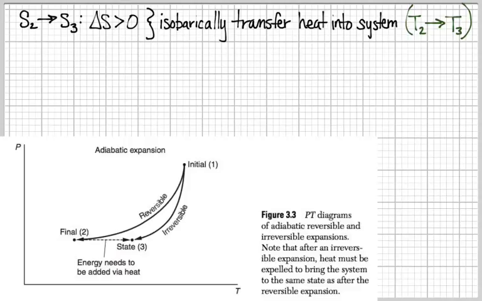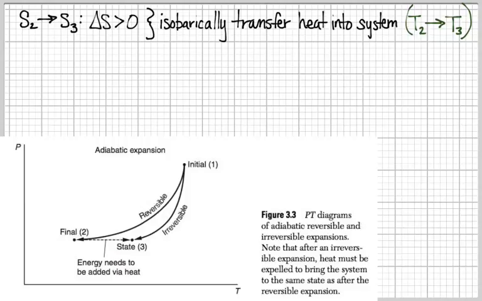This is going to be an isobaric transfer of heat into the system. Right? It's isobaric because it's a horizontal line and the pressure is on the y-axis. So I have an isobaric process from state 2 to state 3. It's also a hypothetical process, right? It's not actually something that's happening.